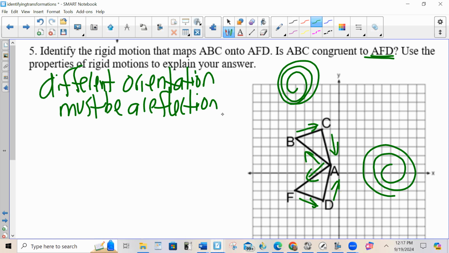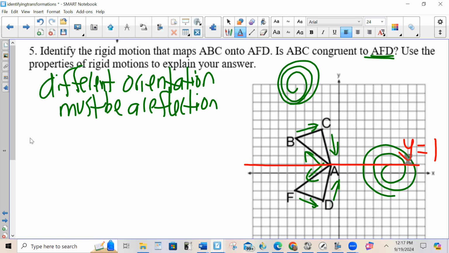So, what am I reflecting over? If there's a point that's touching, that point's invariant, that point's got to be on the line of reflection. So if you use a little bit of geometric common sense there, that is going to be my line of reflection. It's a horizontal line, so it's y equals, and that's y equals positive 1.